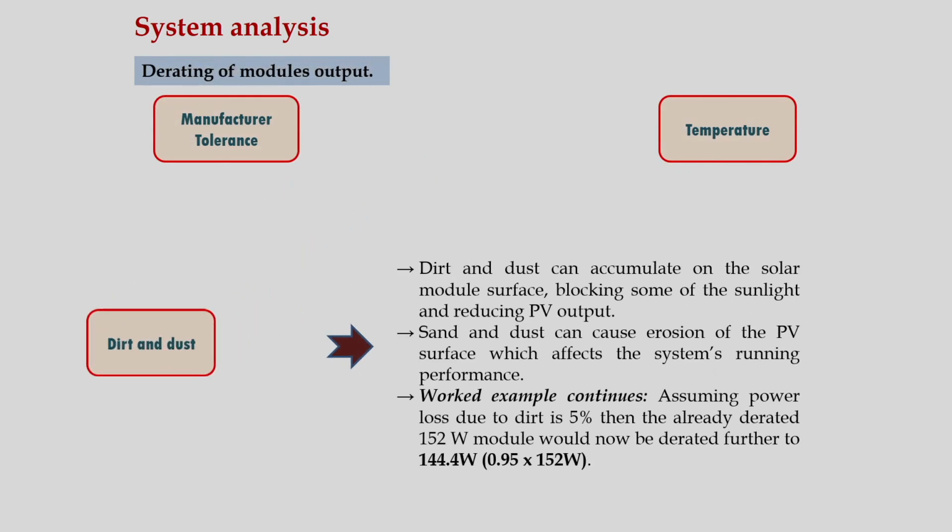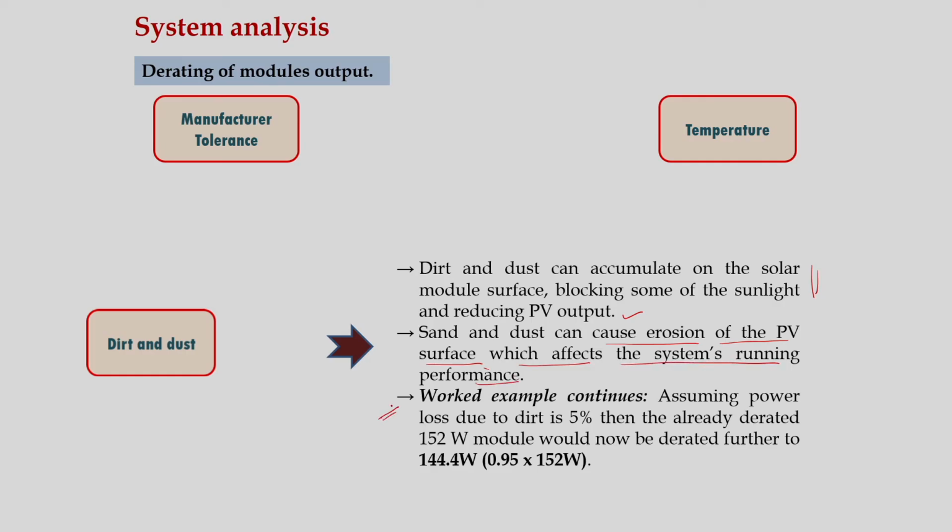Now, let us discuss dirt and dust. Dirt and dust can accumulate on the solar module surface, blocking some of the sunlight and reducing PV output. This phenomenon we already studied, what happens when we block some of the modules or cells with elements like dust, maybe leaves or other unwanted foreign materials. The sand and dust can cause erosion of the PV surface, which affects the system's running performance, right.